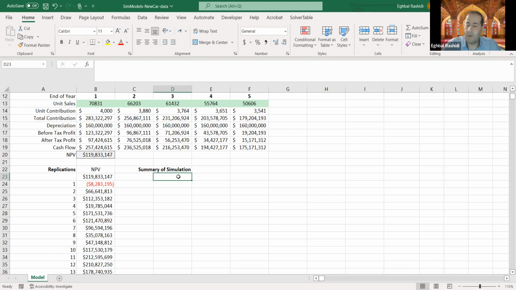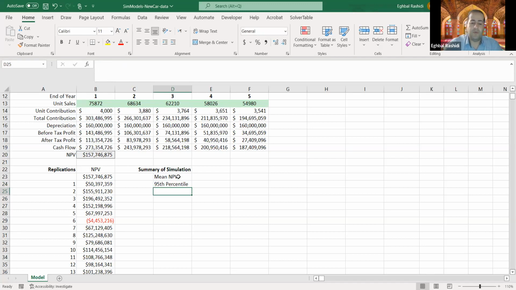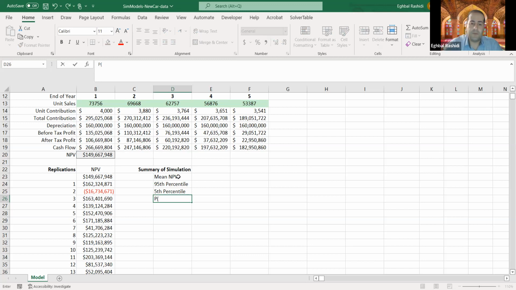And these are what we want to compute. I want to compute the mean NPV, the 95th percentile, the 5th percentile, and also the probability that NPV is a negative number.